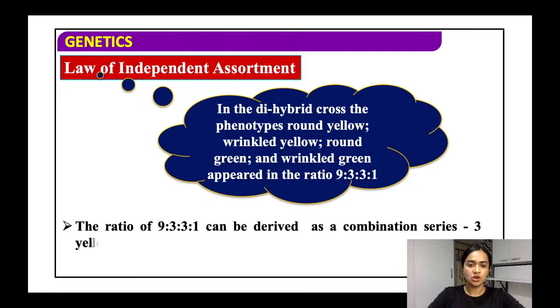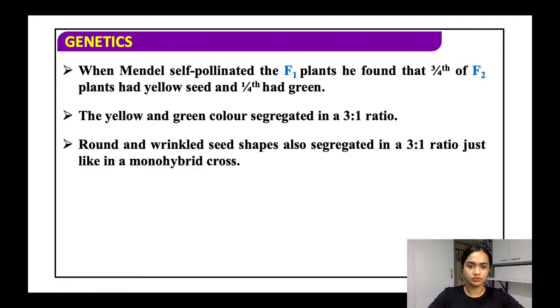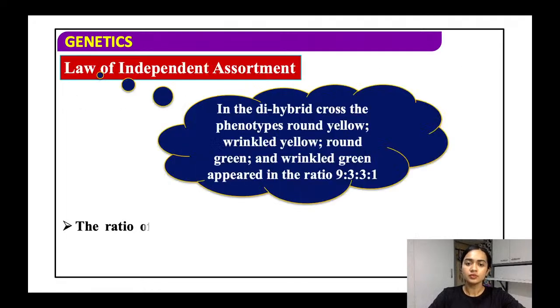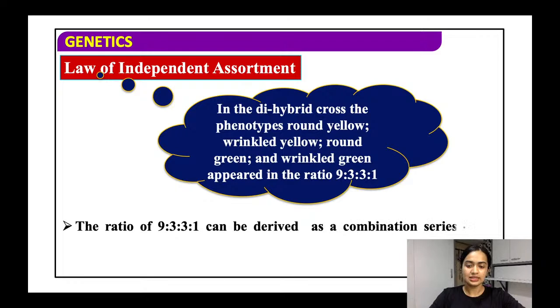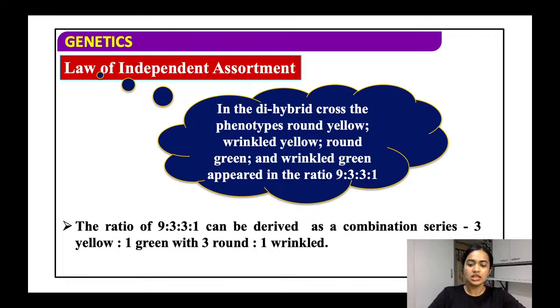Now coming to the law of independent assortment. What happens here is that in the dihybrid cross, the phenotypes of the round yellow, wrinkled yellow, round green and wrinkled green appeared in the ratio of 9:3:1. This we have seen.